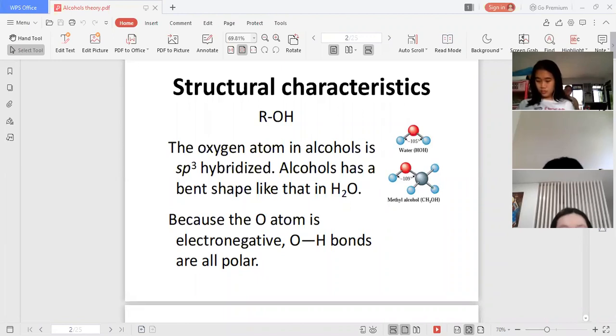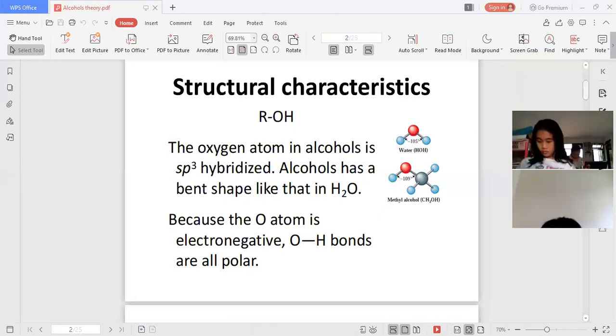Bent, or it is called V shape. Is it 90? No, 104.5. And the hybridization is sp3.